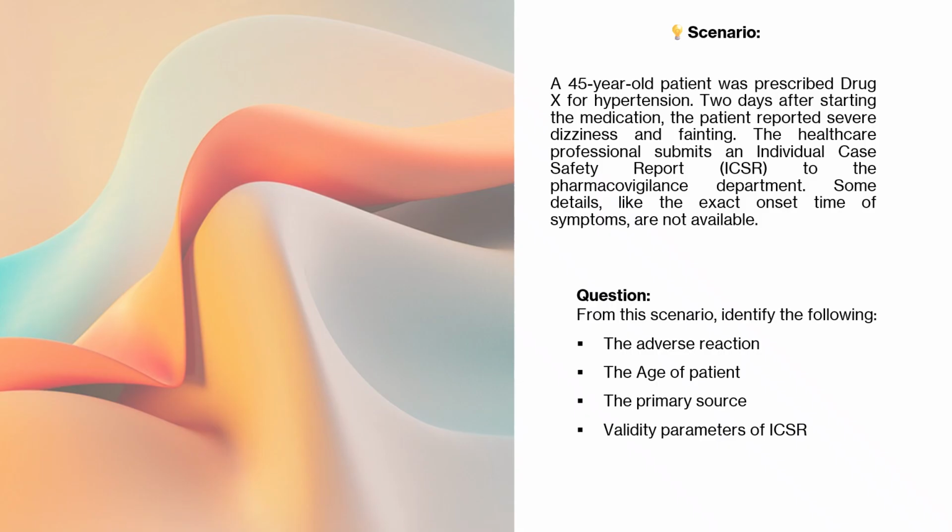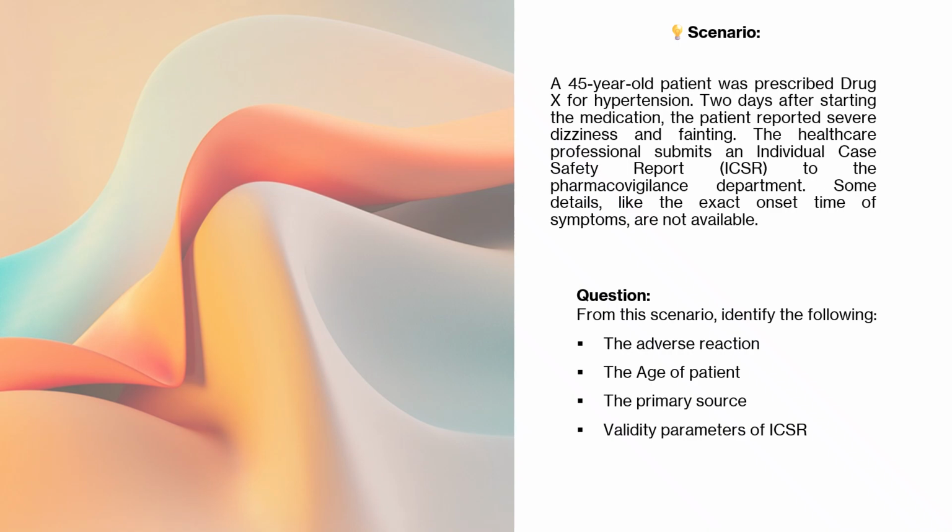Now, some details like the exact onset time of the symptoms are not available. So from this scenario, we need to identify the following, which is the adverse reaction, the age of the patient, the primary source, and the validity parameters of ICSR.